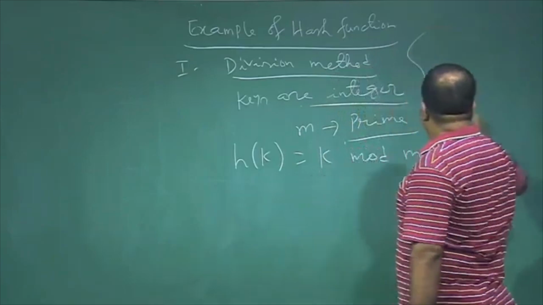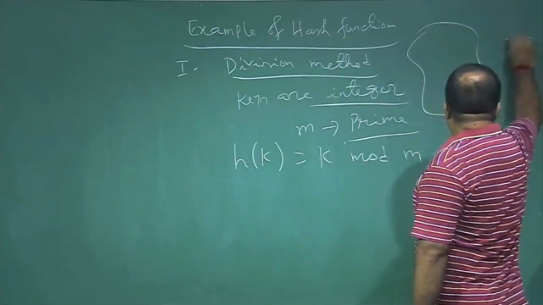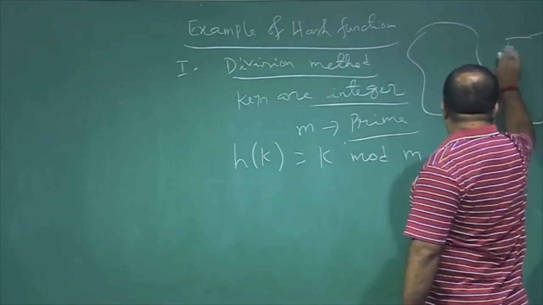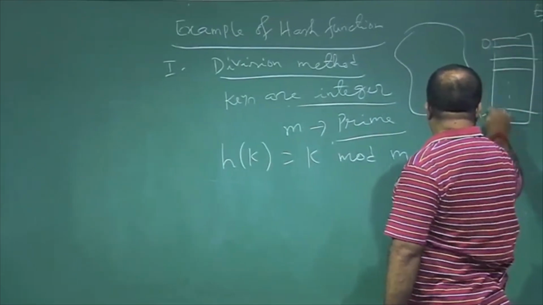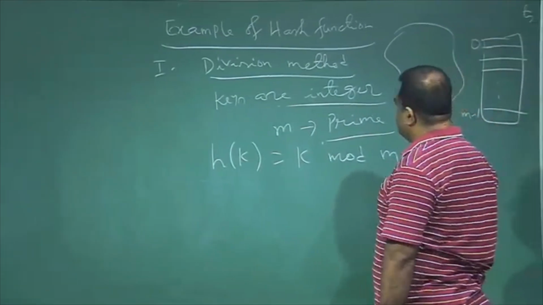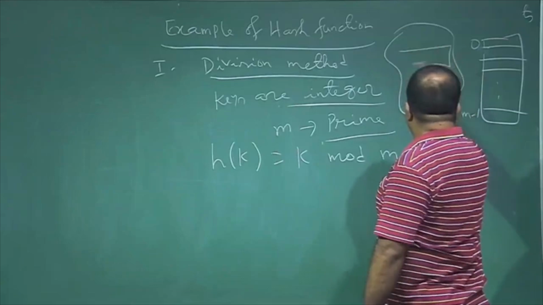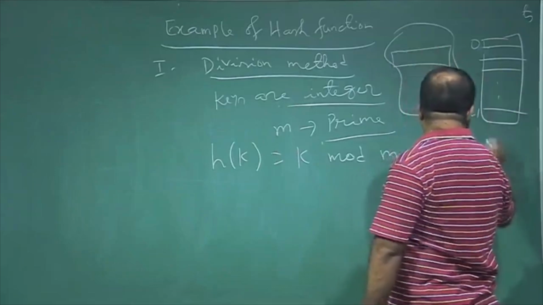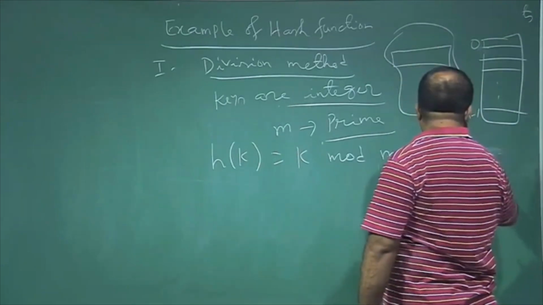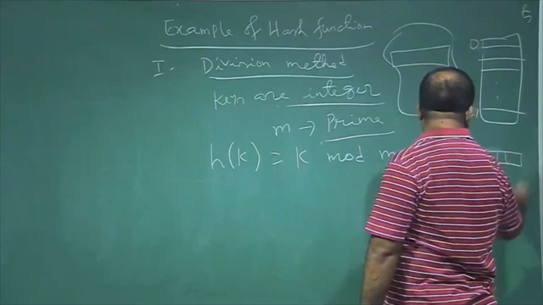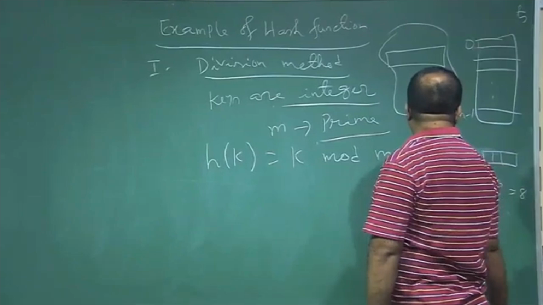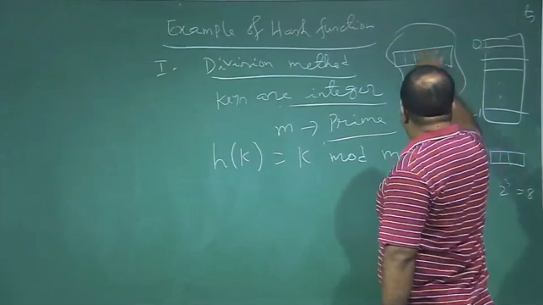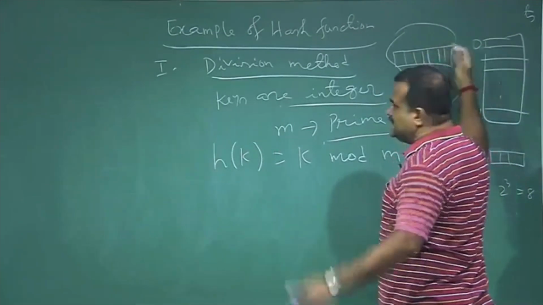So, this is the set of integers, and we have a fixed size hash table 0 to m minus 1. Here k is any integer of arbitrary length, while m could be some fixed length, say 32 bits, which means the maximum value is 2 to the power 32, and k could be any length integer.